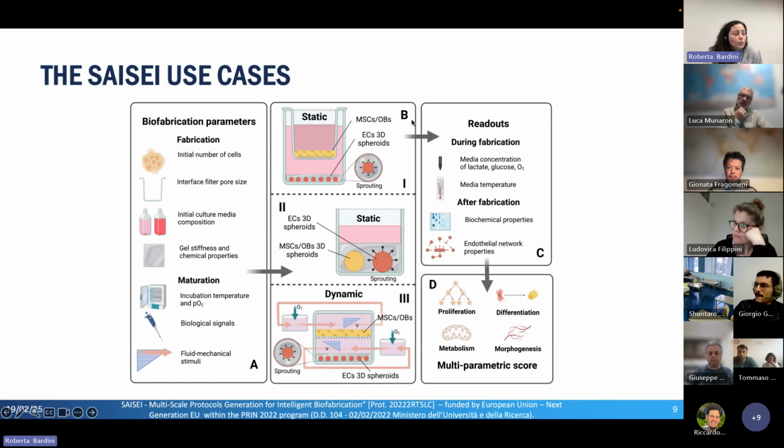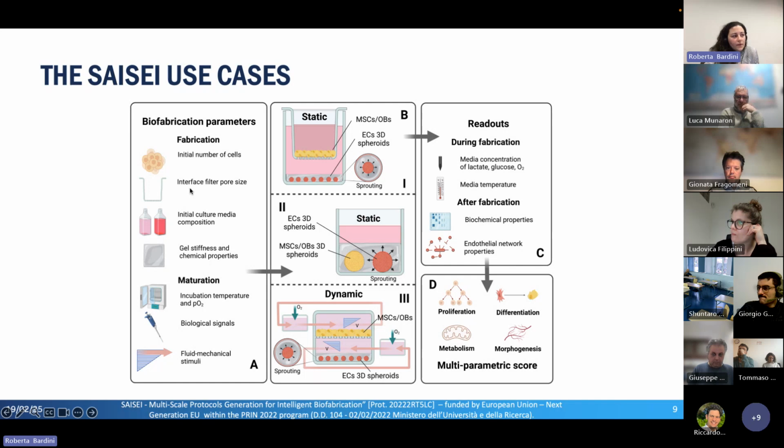And what I want to point out from this scheme here is that besides the design of the biological in vitro model, for the overall project perspective, what's important to us is that each one of these differently biologically complex configurations has some tunable parameters.